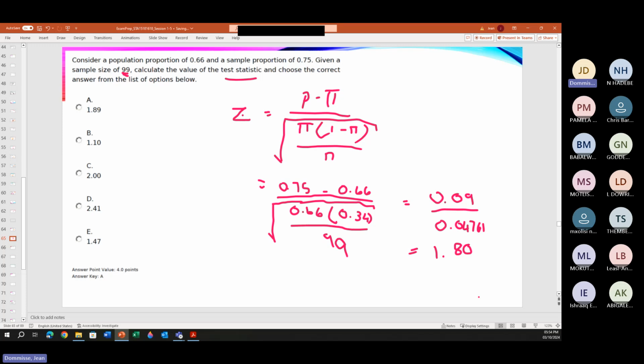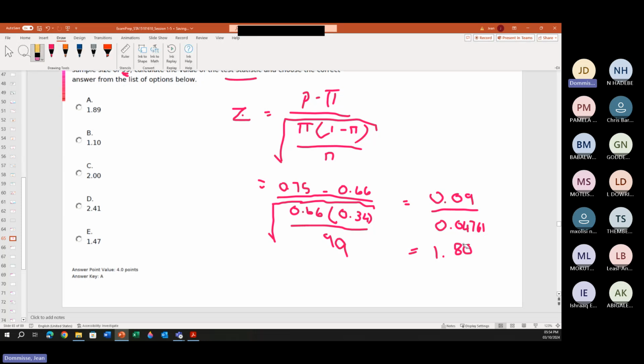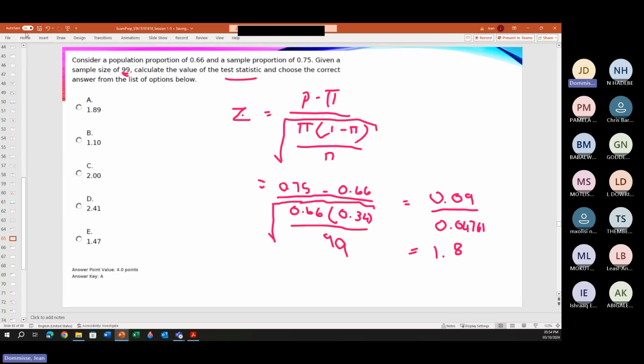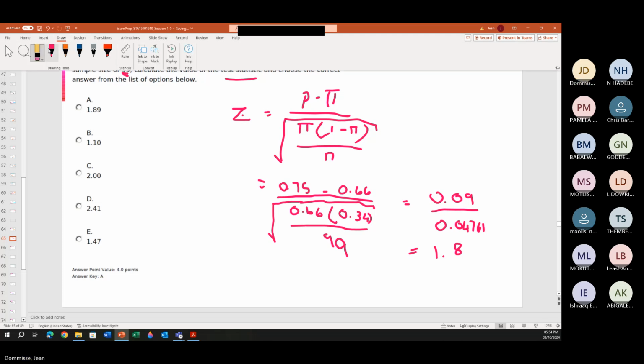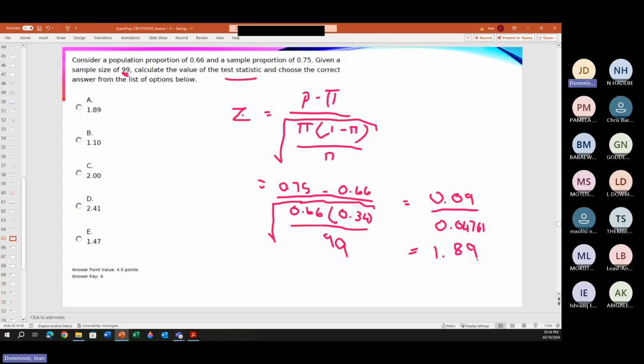Is that the only mistake? Yep, 1,89. Luckily there wasn't the option of 1,80. 1,89, which is option 1. How easily it was to make that mistake, and luckily there wasn't that answer.